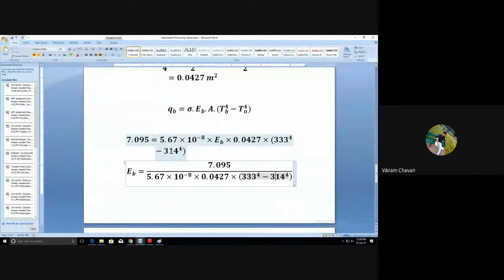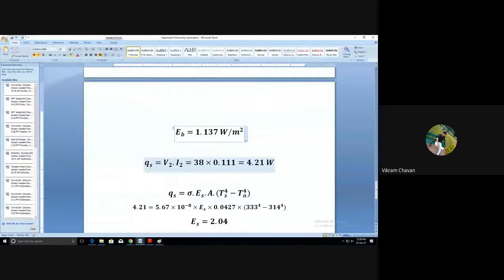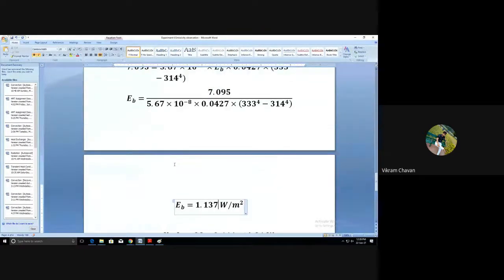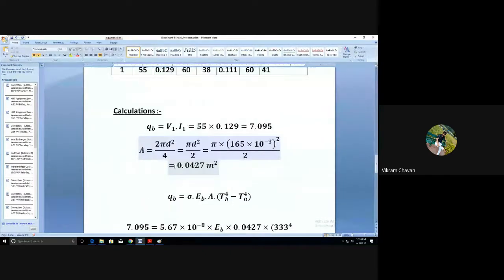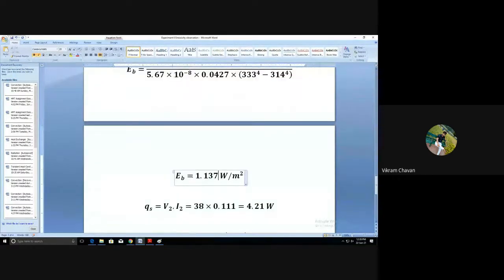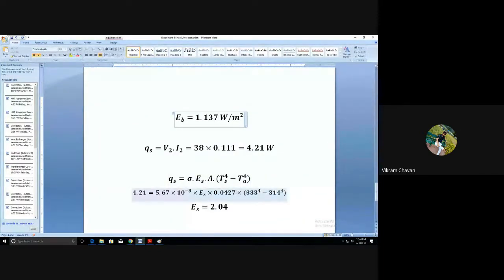Calculate E suffix B first of all. So 1.137. Check it once again now. Okay, E suffix B is 1.137 right now. The mistake was here in E suffix B. So Q suffix X is right.